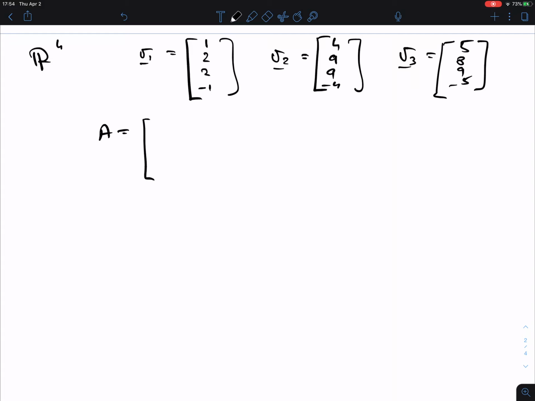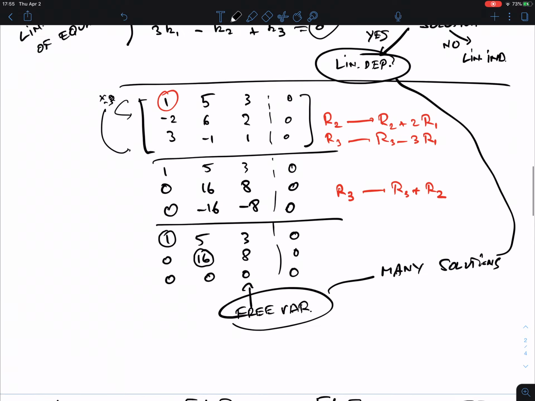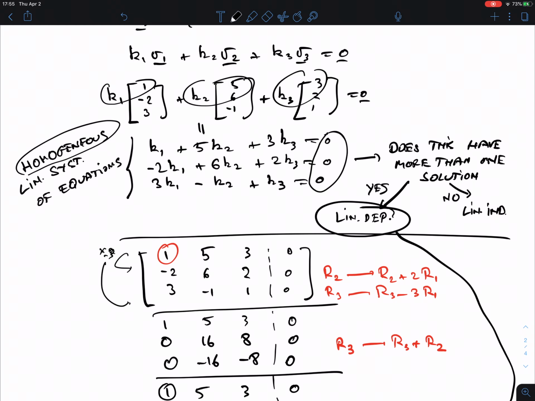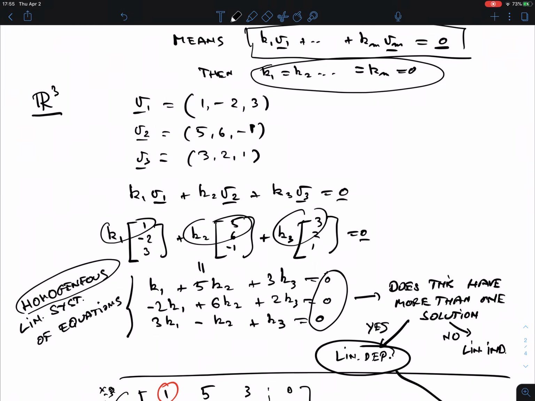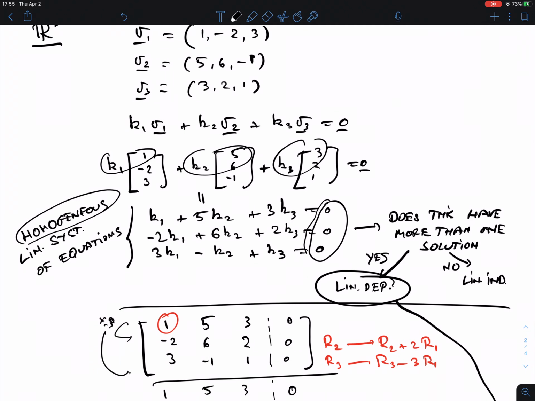Let me not even write the matrix anymore, but just the augmented matrix. So we have 1, 2, 2, -1, 4, 9, 9, -4, 5, 8, 9, -5, and then the zeros because it's a homogeneous system of equations. When we check linear dependence, it's about the zero vector, and that corresponds to the column of zeros, which means a homogeneous system.